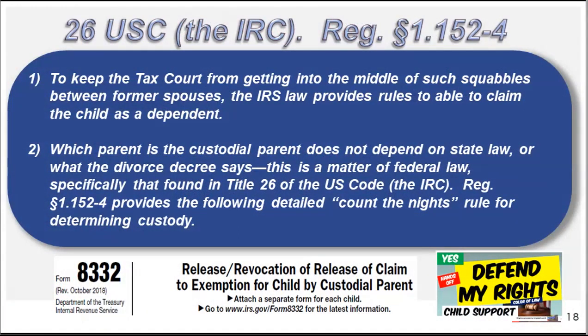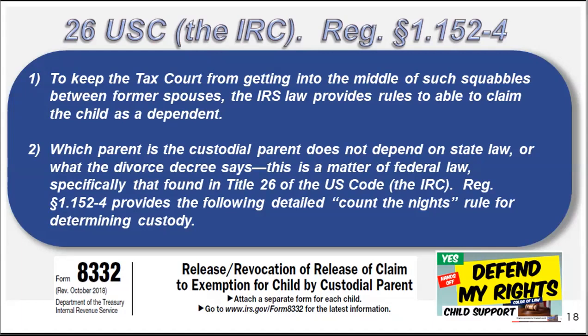26 USC, which is Internal Revenue Code Regulations 1.152-4, where the tax court did not want to get involved in what is called custody fights within the states. As you know, IRS laws are federal law, and child support and custody issues are state control.